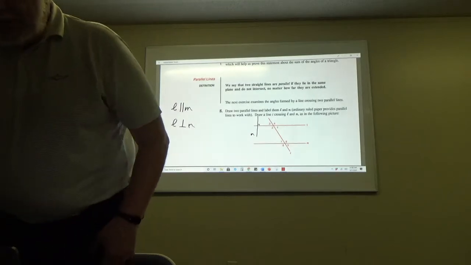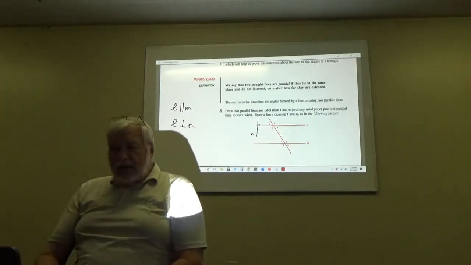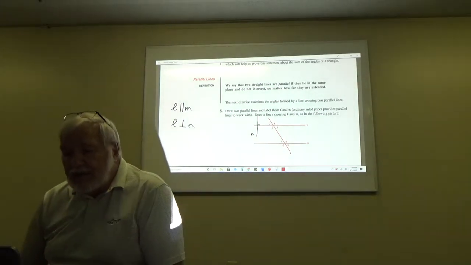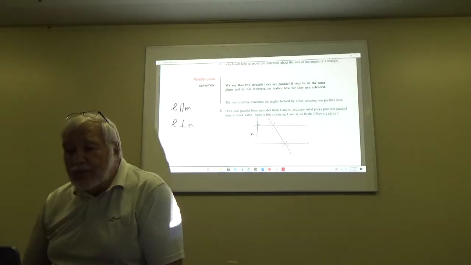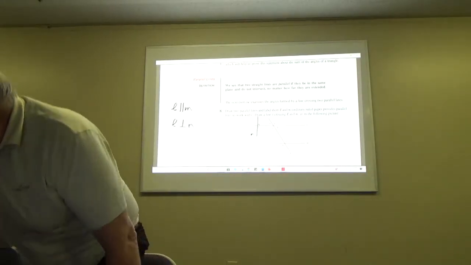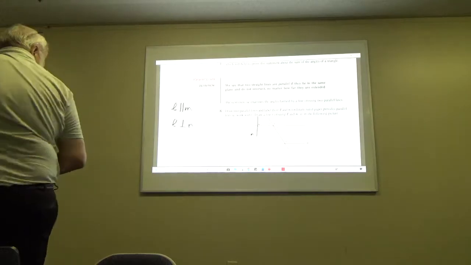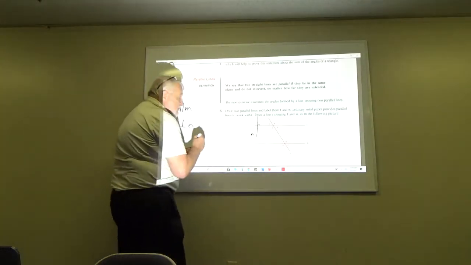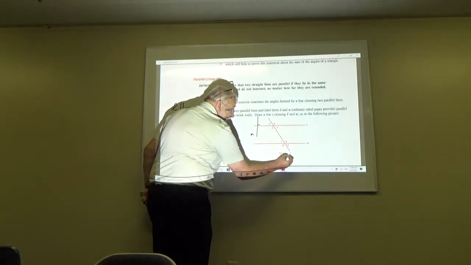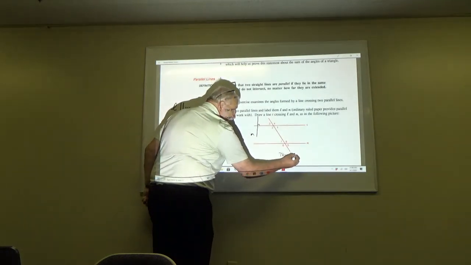All right, now, when we get two parallel lines, this was very nice. In the book, they labeled that crossing line with a T. Because the word for this line is transversal.